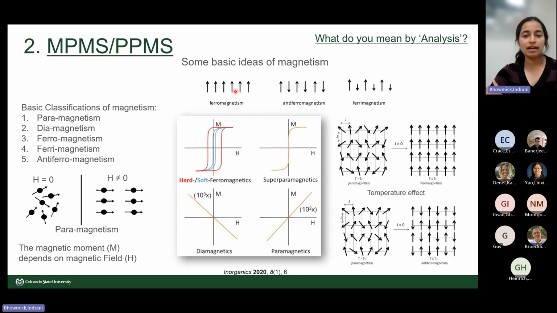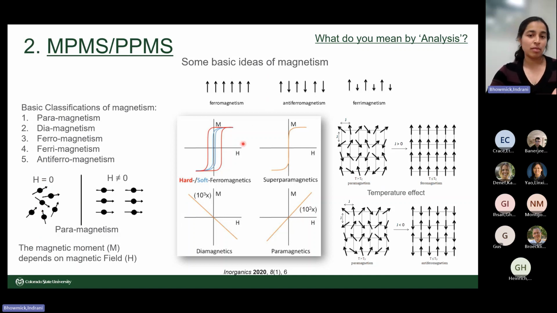For ferromagnets, they all get aligned and they stay. Even though you take the magnetic field off, you have some remnant magnetization, like a piece of iron, a neodymium magnet, for example, or the fridge magnet you are putting up. They are all aligned, and it takes time before they come back to this randomized state, or sometimes heat can do that.